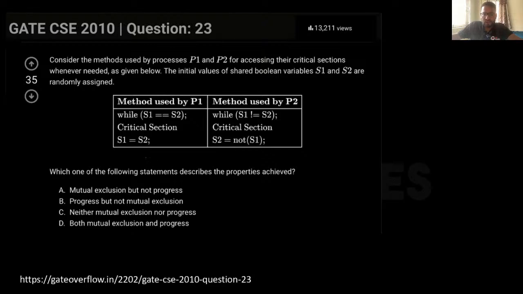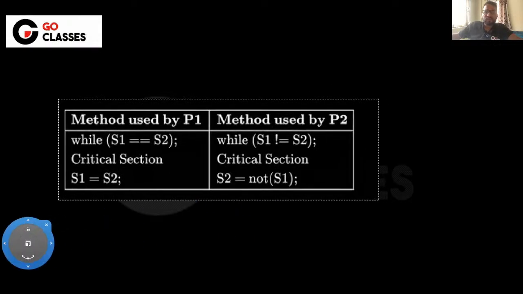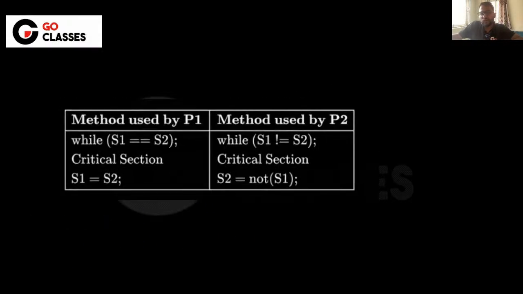This is the method for P1, this is the method for P2, and which of the following statements describes the properties achieved, while S1 equals S2. Okay, let's check this. Let me go to the next page. First, initially you can take any value of S1 and S2 if it is not given.